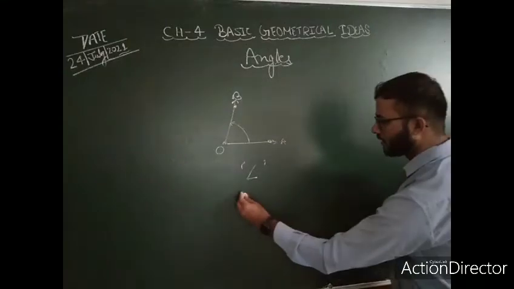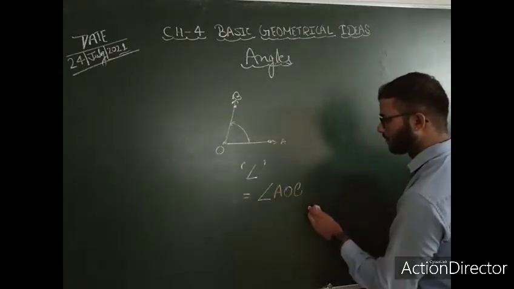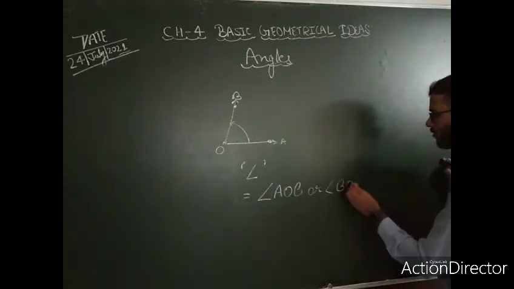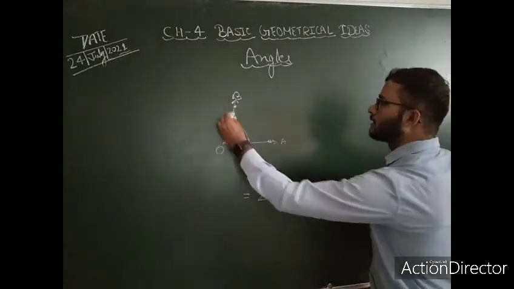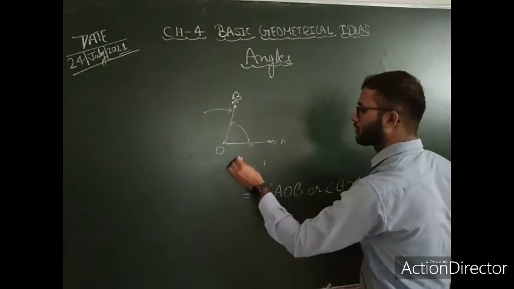So here we write angle AOB or angle BOA. So these are the two arms of an angle.